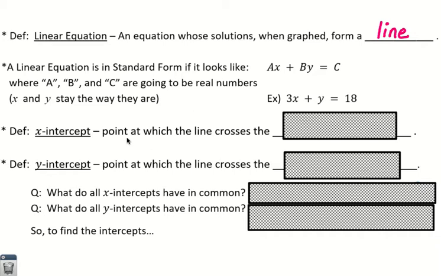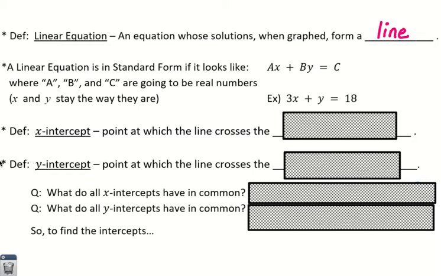Now obviously you should already know that in the last section we were looking at y-intercepts, because we were working with y equals mx plus b in order to graph the line representing the solutions of a certain equation.